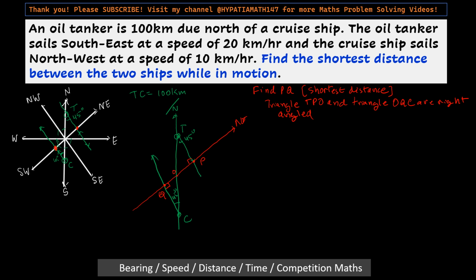Now how do we find the distance QP? There are some things we have to assume, that is the distance TP. Let TP be X kilometers and QC be Y kilometers.